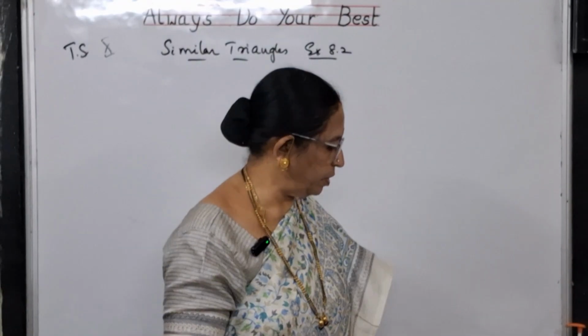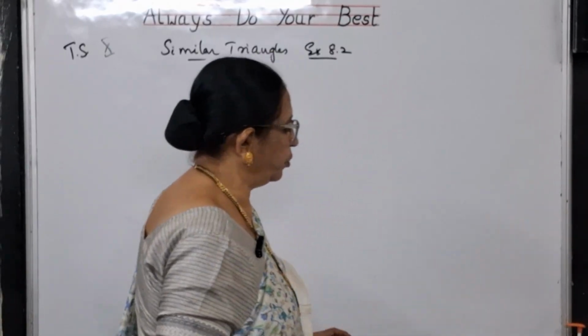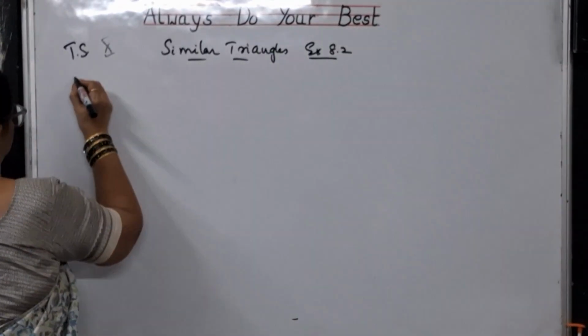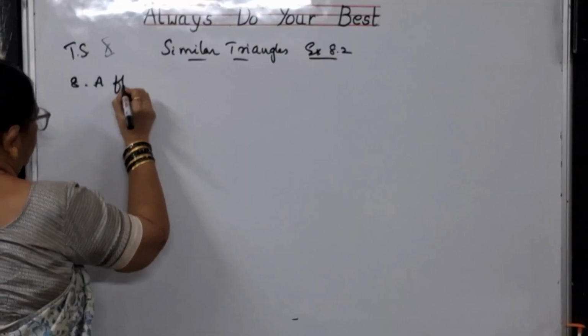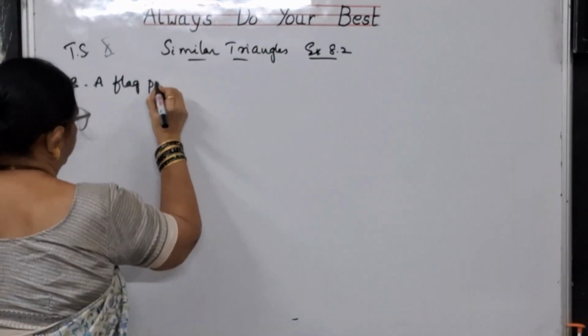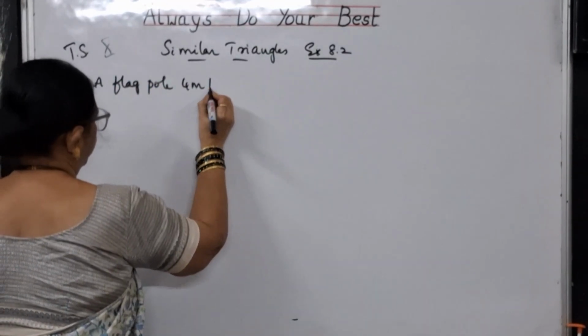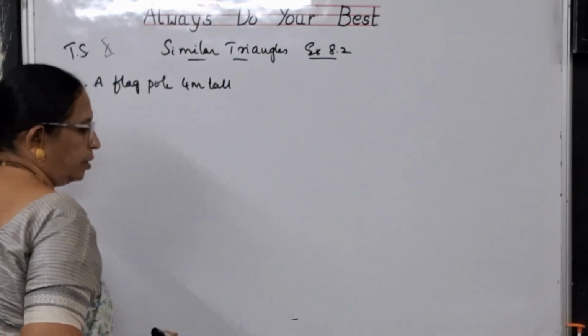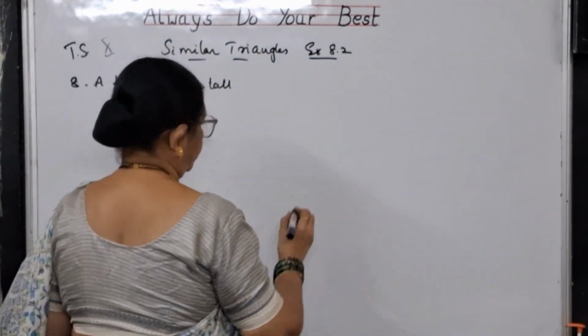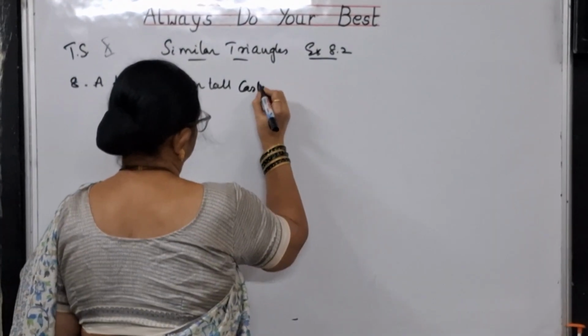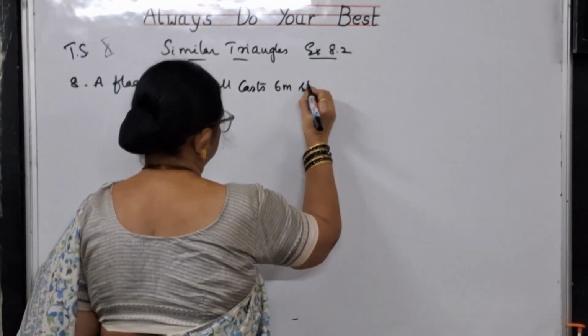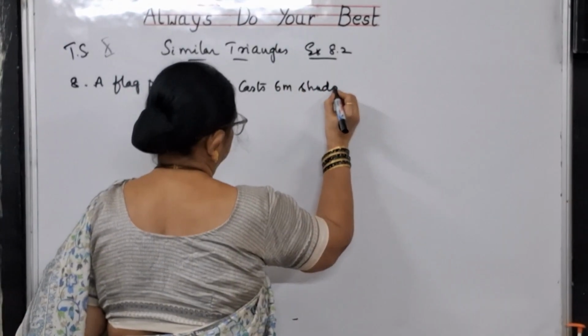Now, eighth sum, children. A flagpole 4 meters tall casts a 6 meter shadow.